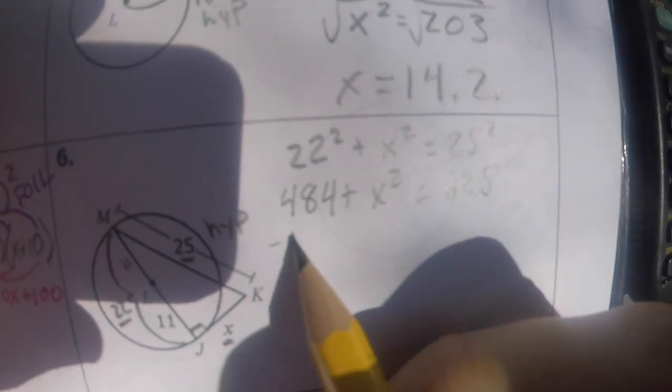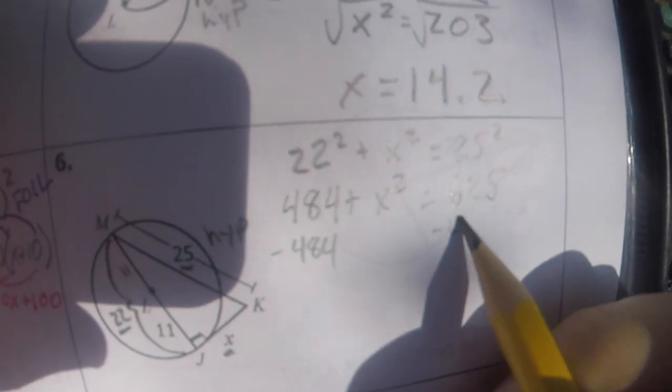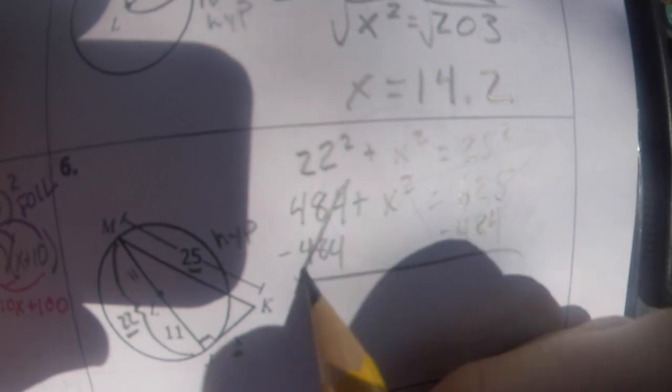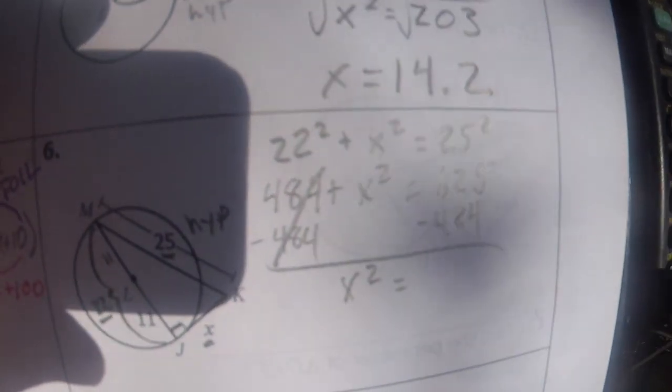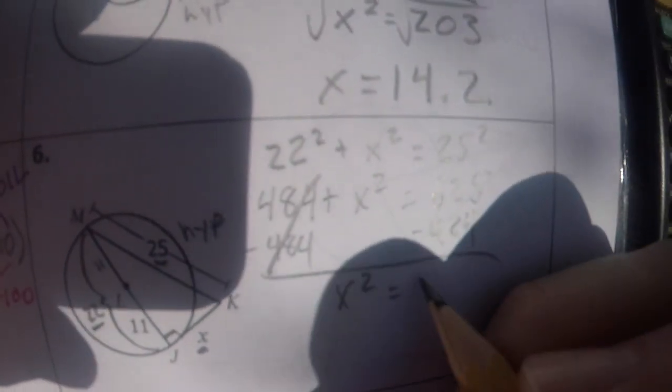Then we subtract 484 from both sides, and we get x squared equals 625 minus 484, which is 141.